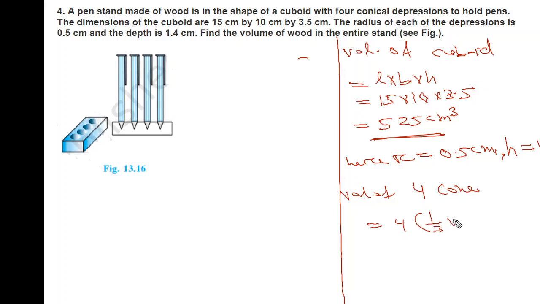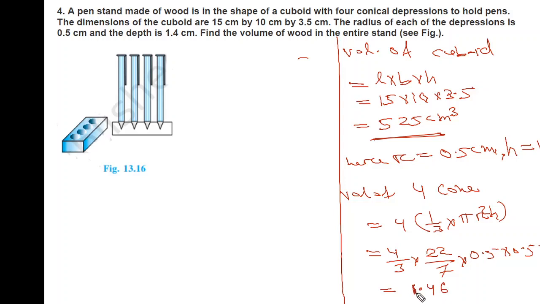So 4 into 1 by 3 into pi r square h, which will be equal to 4 by 3 into pi is 22 by 7 into r square, r is 0.5 into 0.5 into h is 1.4. Now you can cancel this, it will be equal to 1.46 cm cube. So this is the volume of 4 cones.